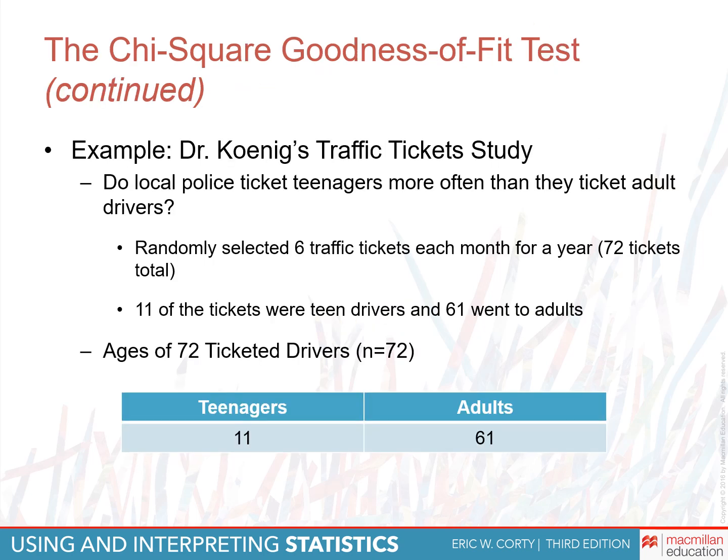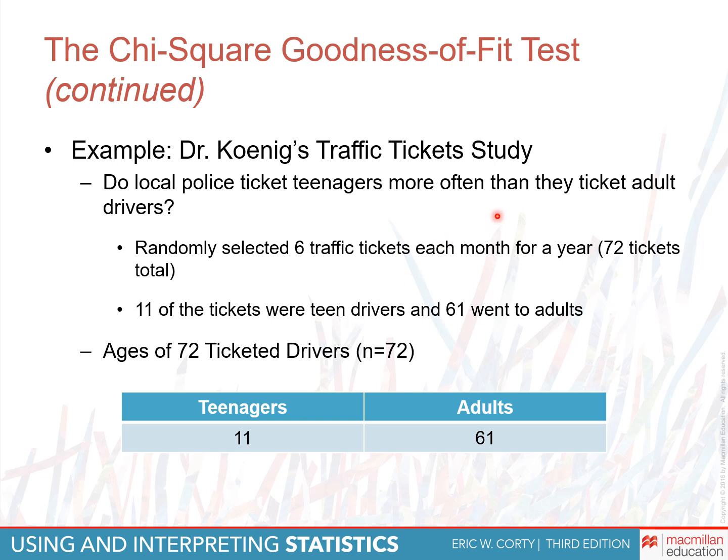All right, let's look at an example. Let's say we're doing a research study on traffic tickets, and we want to know if teenagers get more tickets than adults. To answer this question, we take a random sample of traffic tickets each month for a year in a particular area. Let's say in total we get 72 tickets.